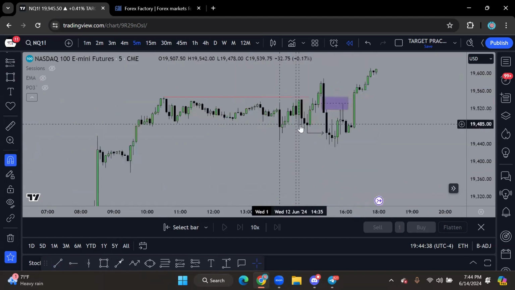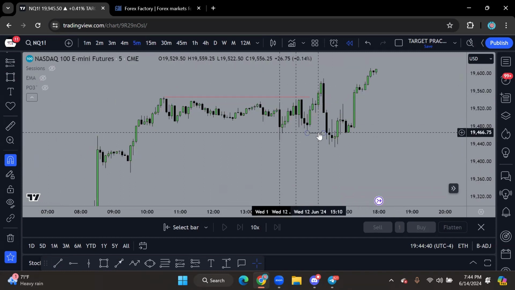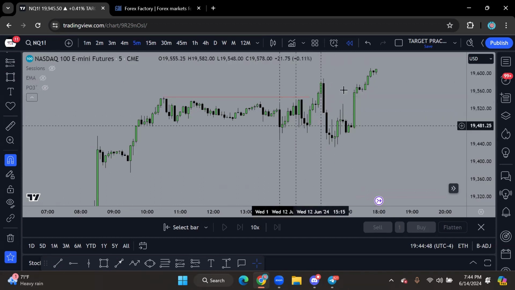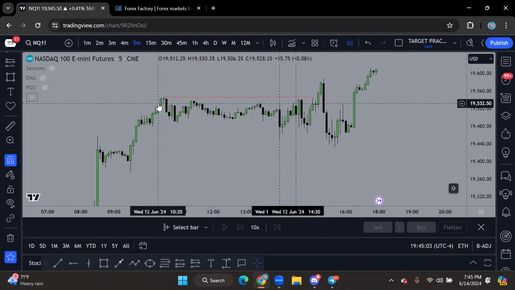But again, if we were looking at this from the correct perspective, which was for price to be bullish, we would look at this and block it out because this is all just noise. Price is just manipulating those who are looking at the market as oversold, trading at all-time highs, and those who are looking at the market as being bearish because we have this so-called displacement after price takes out these equal highs.